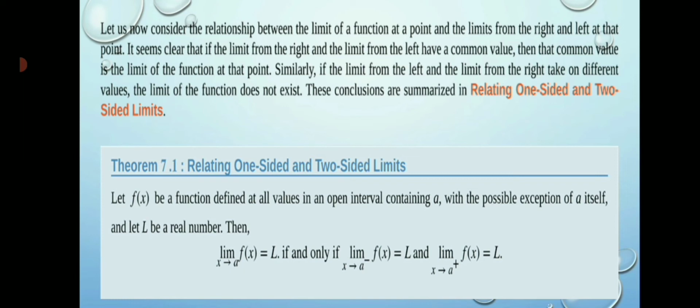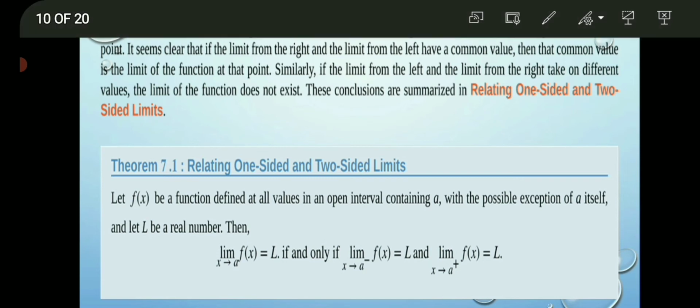Theorem 7.1, relating one-sided and two-sided limits. Let f of x be a function defined at all values in an open interval containing a, with a possible exception of itself, and let L be a real number.